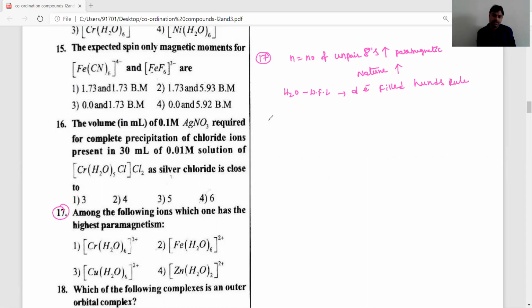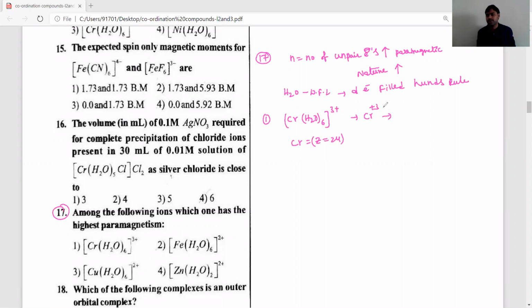Now let's see the first complex, [Cr(H2O)6]3+, which means chromium 3+. Chromium has atomic number Z equal to 24, with configuration 3d5 4s1.